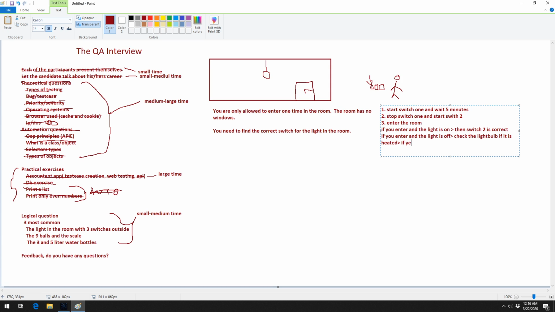If yes, then switch 1 is correct. If you entered and the light is off and the light bulb is cold, then switch 3 is correct.